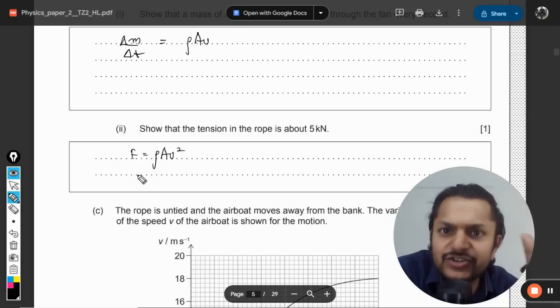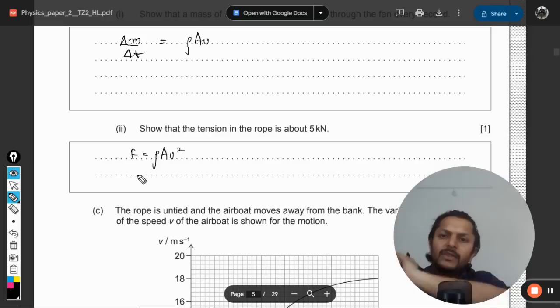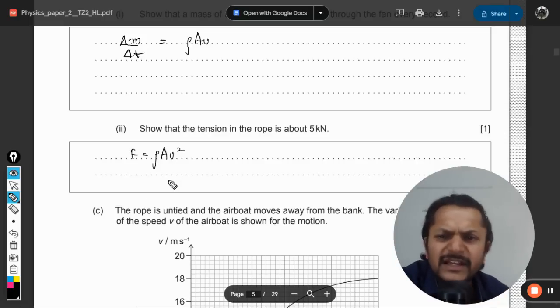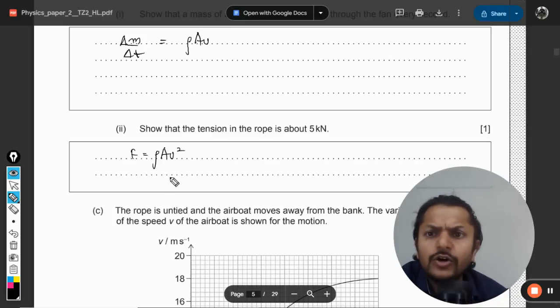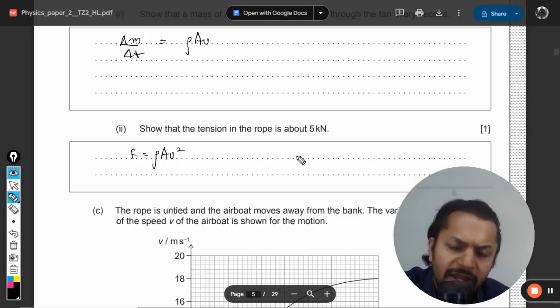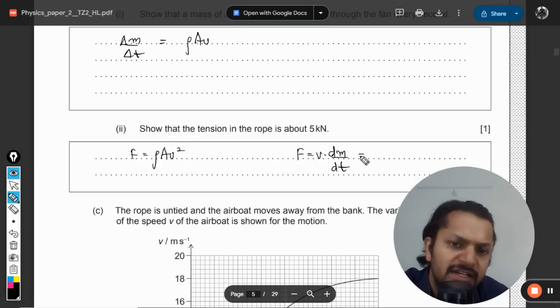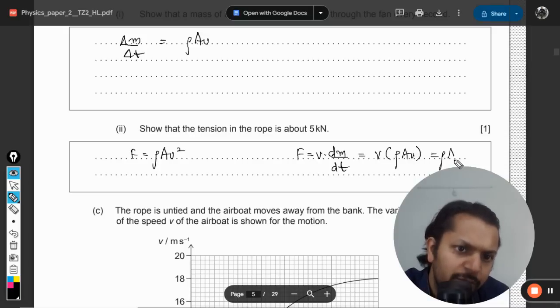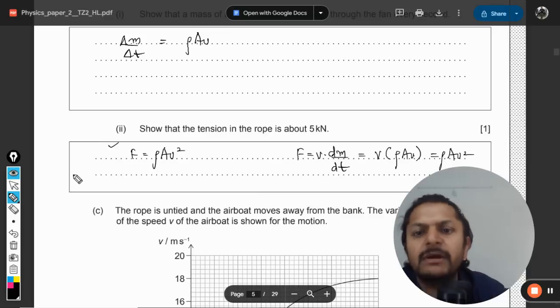That's a direct, straightforward formula, and it is basically the change in momentum. So change in momentum is taken from this. I can also write reaction force F is equal to V into dm by dt. This dm by dt is rho AV, so it is velocity into rho AV. Overall, the formula becomes rho AV square, but you can even remember this.